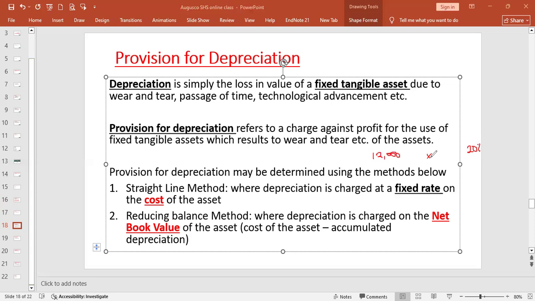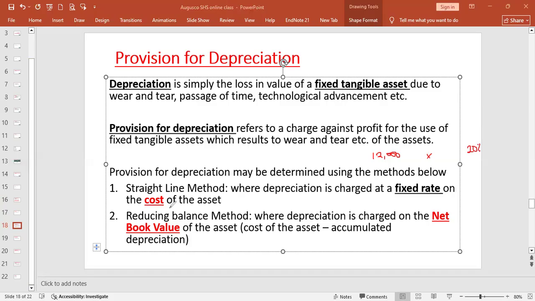So under the straight line method, you would have to apply a fixed rate, and the rate is always given to you in the question, so you don't have to worry about it. There's a way to find the rate, but for your level and in your studies, the rate is always going to be given to you. So you just multiply it by the cost of the asset, and that is what you have to note.